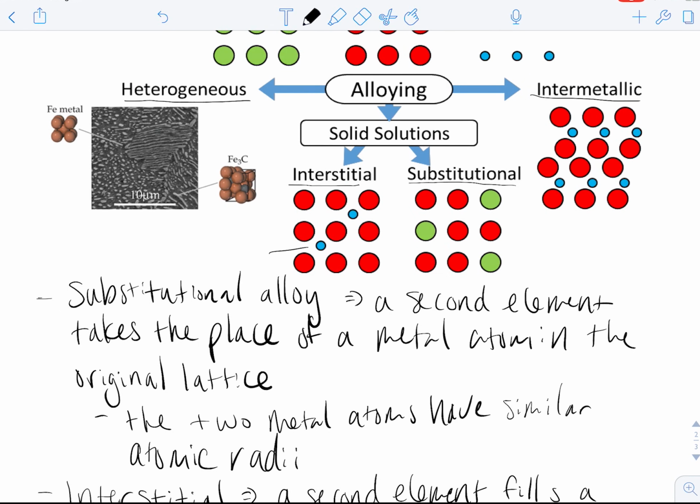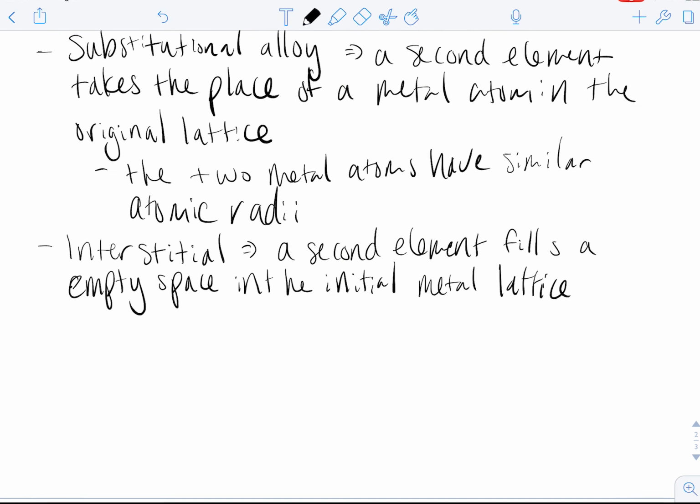See how the smaller atoms fit in the spaces left behind. So the solute atoms, as we would call them, have a sufficiently small radius to sit in an interstitial hole in the metal lattice.